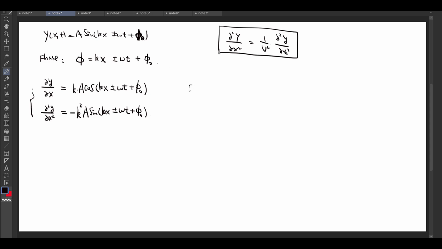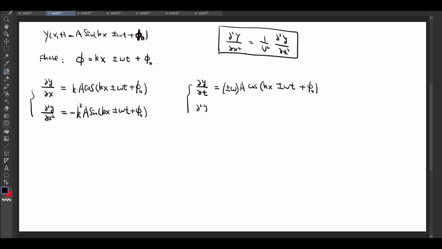Now I also need to check the first derivative of y with respect to time, and then do the second derivative. So first the derivative is given by, now I'm going to bring out plus or minus omega to the front times A, and then cosine of kx plus or minus omega t plus phi naught.